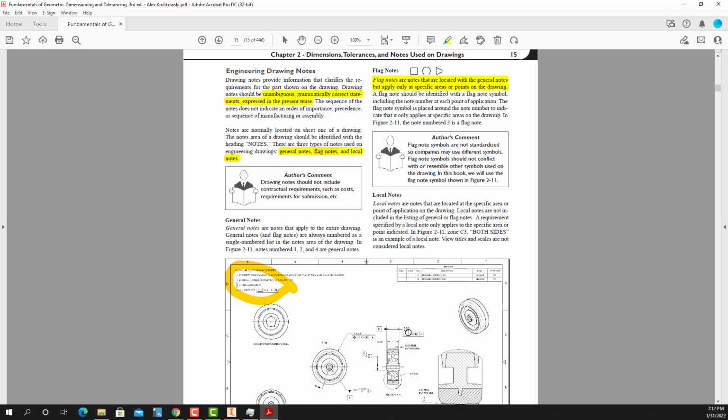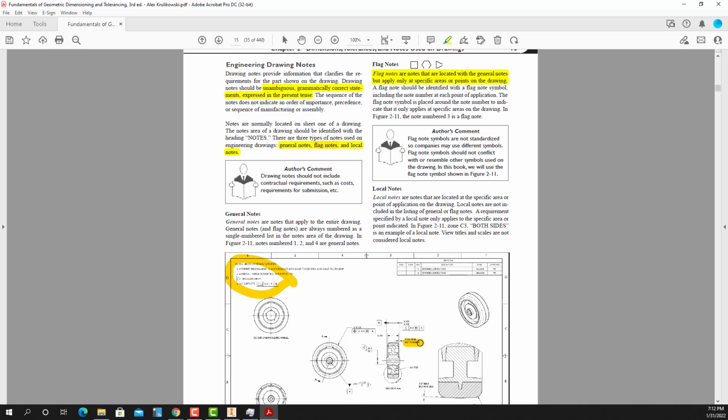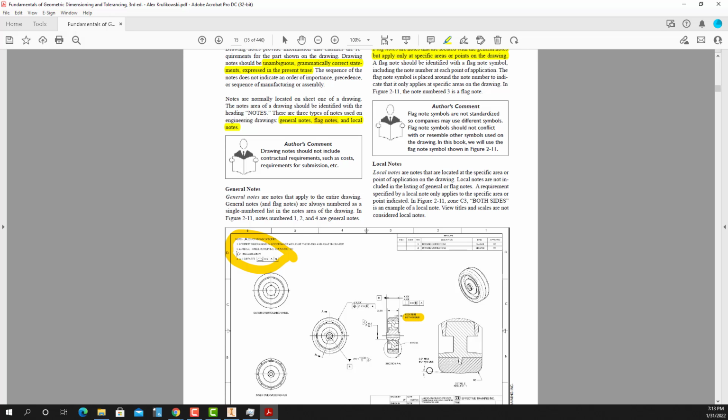Local notes. When something says both sides. Sometimes we have something that says, did you remember optional on this drawing? Do you remember seeing some things that said optional? There's never anything that's optional.